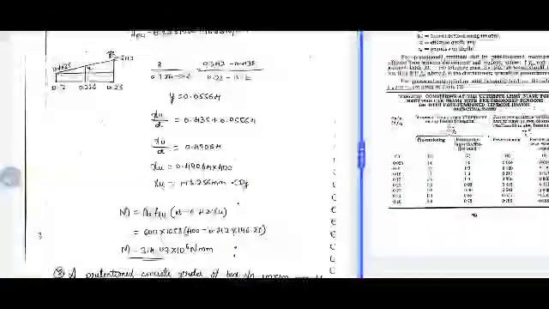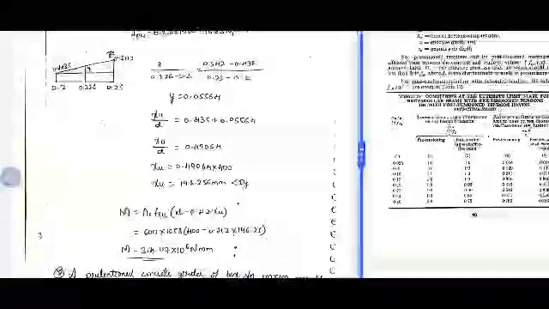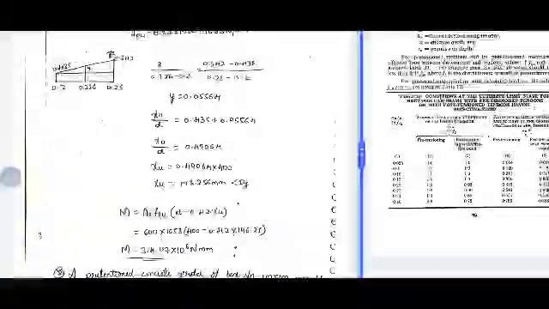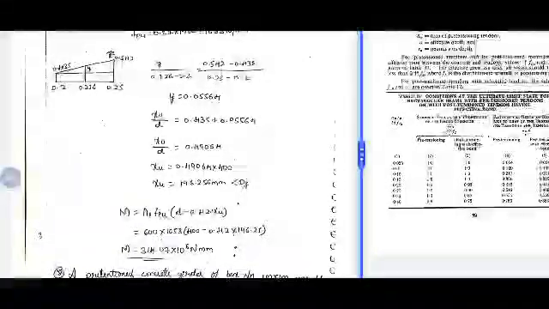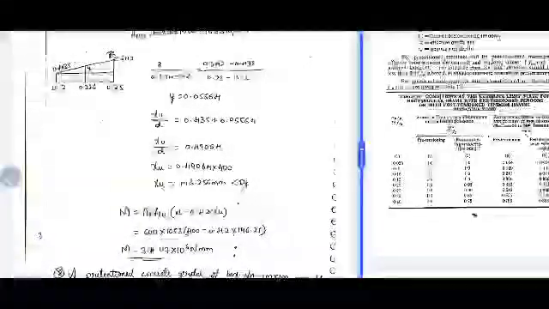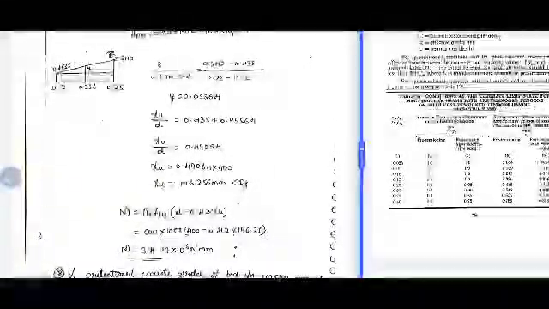On interpolating, we will get the XU by D ratio as 0.49064, and the XU value is 196.256. So substituting in the equation, moment M equals AP FPU into D minus 0.42 XU, we will get 314.97 into 10 power 6 Newton mm.